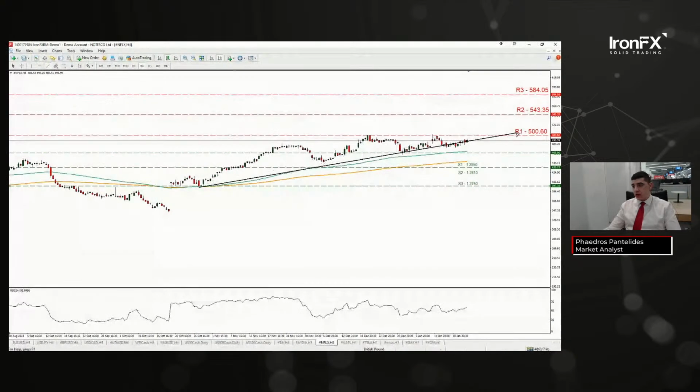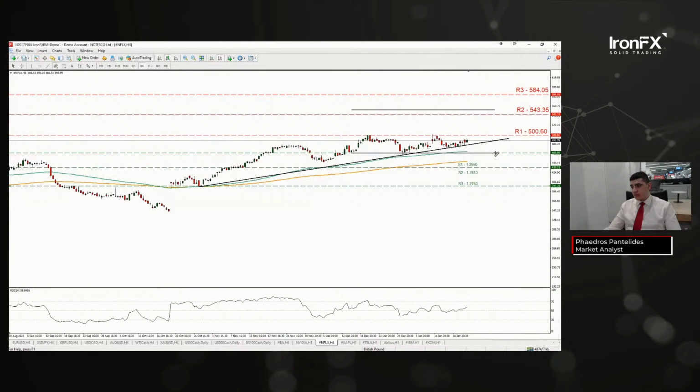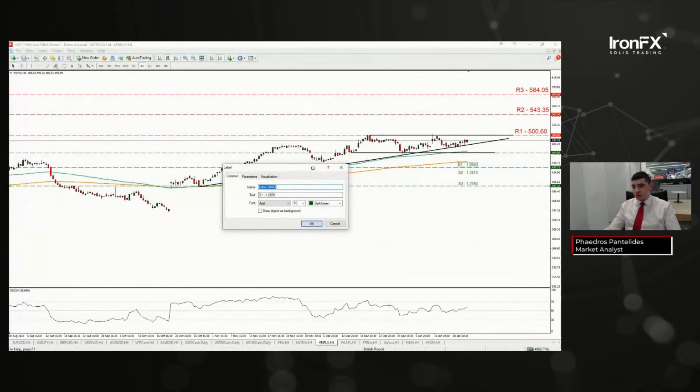You could say this is an upwards moving trend line, but you could also say that this is a sideways moving channel. So if it breaks below our upwards moving trend line and fails to break above R1, sideways, breaks below S1, maintain a bearish outlook.